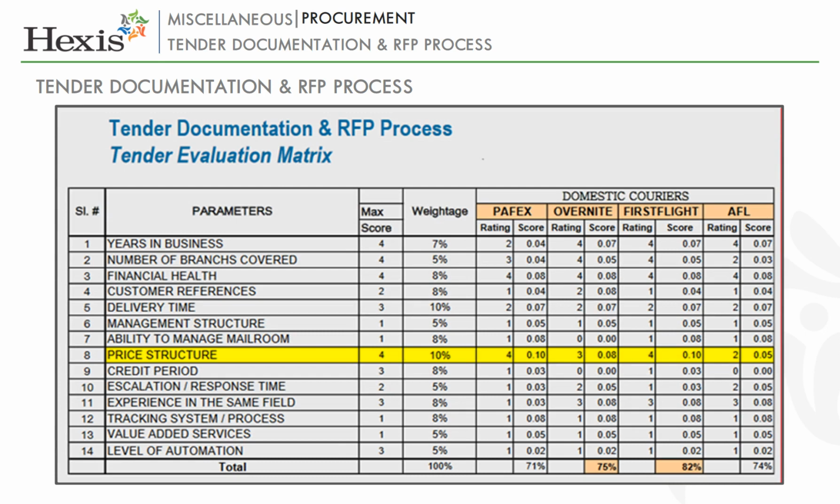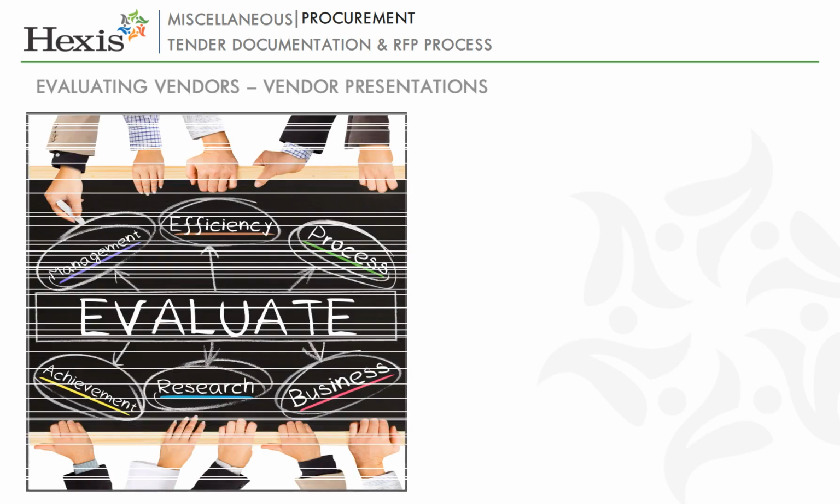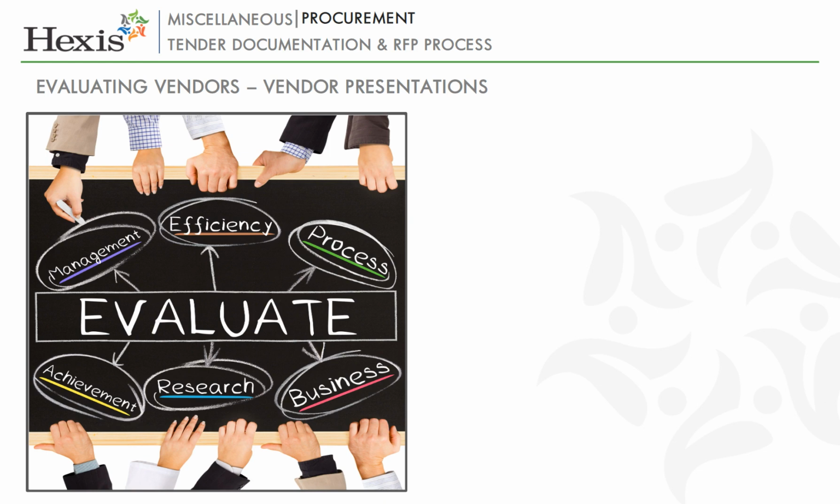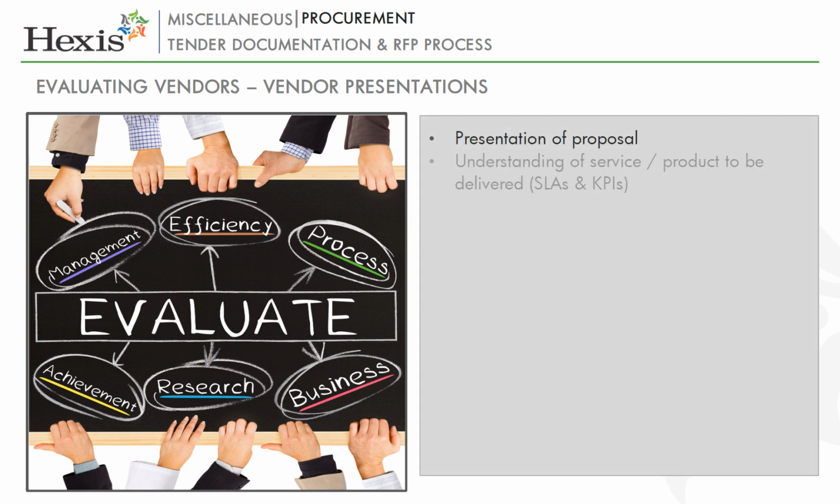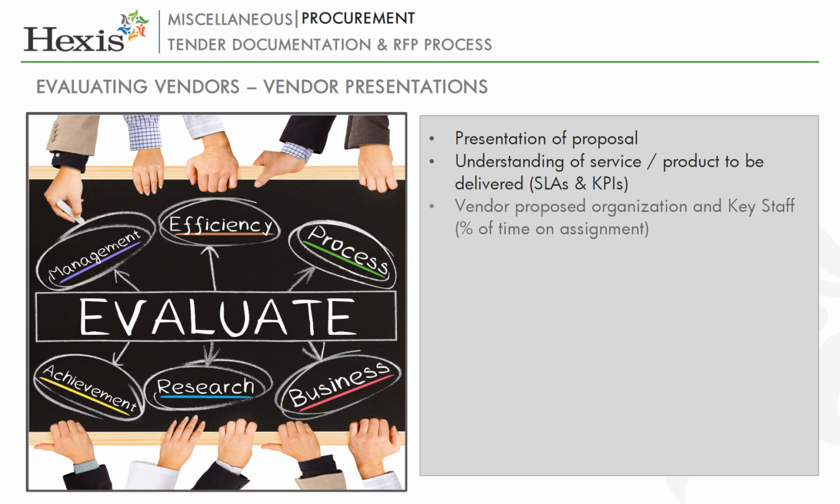Tender evaluation matrix. Let us now understand how to evaluate vendors based on vendor presentations. Presentation of proposal: understanding of the service or product to be delivered, that is SLAs and KPIs. Vendor proposed organization and key staff. Percent of time on assignment.